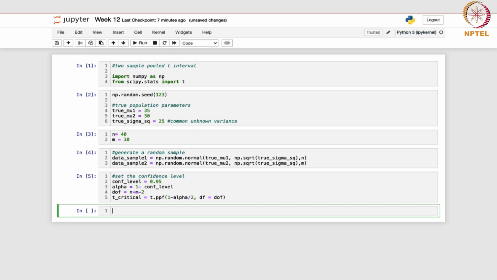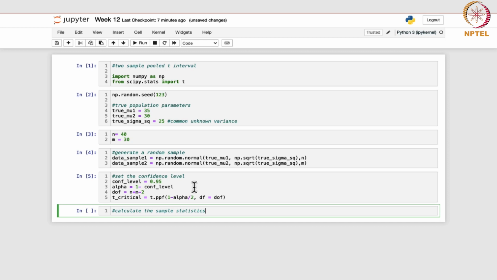Now we will calculate the sample statistics. Basically in this step, we first defined the confidence level and set it to 95%, and alpha is 1 minus the confidence level, where alpha is the significance level, representing the probability of making a type 1 error.